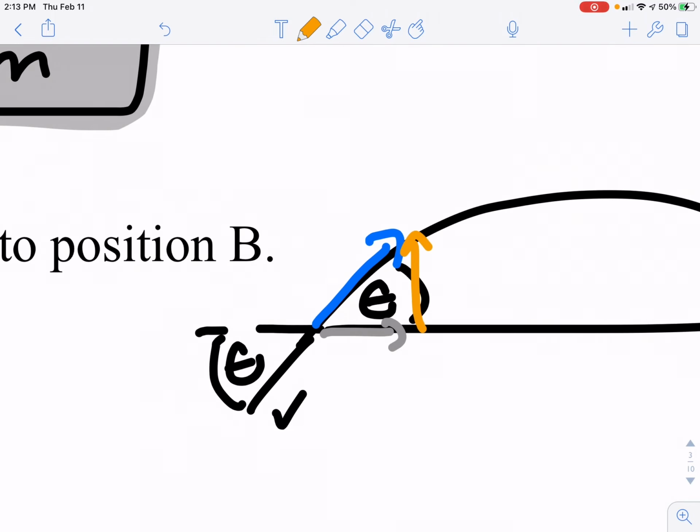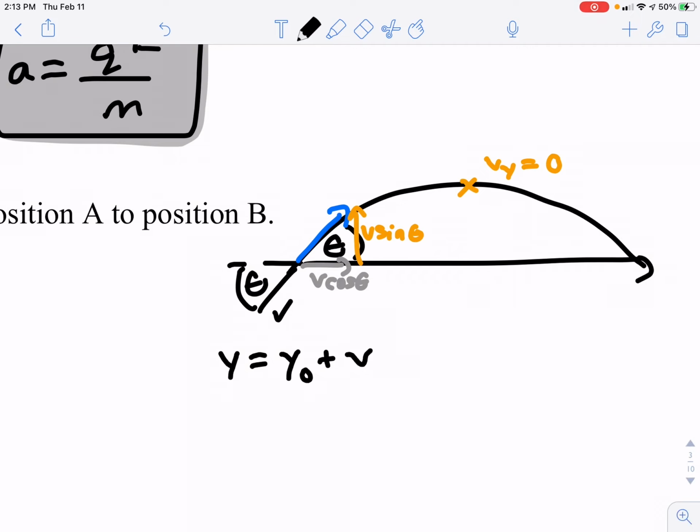So there are two ways we could do this. We could take an equation like y equals y naught plus v naught y t minus 1/2 g t squared, turn this into plus 1/2 a t squared, and solve the quadratic equation for time. We could do that. Or we could go vy equals v naught y plus a times t, remembering, of course, that a is negative.